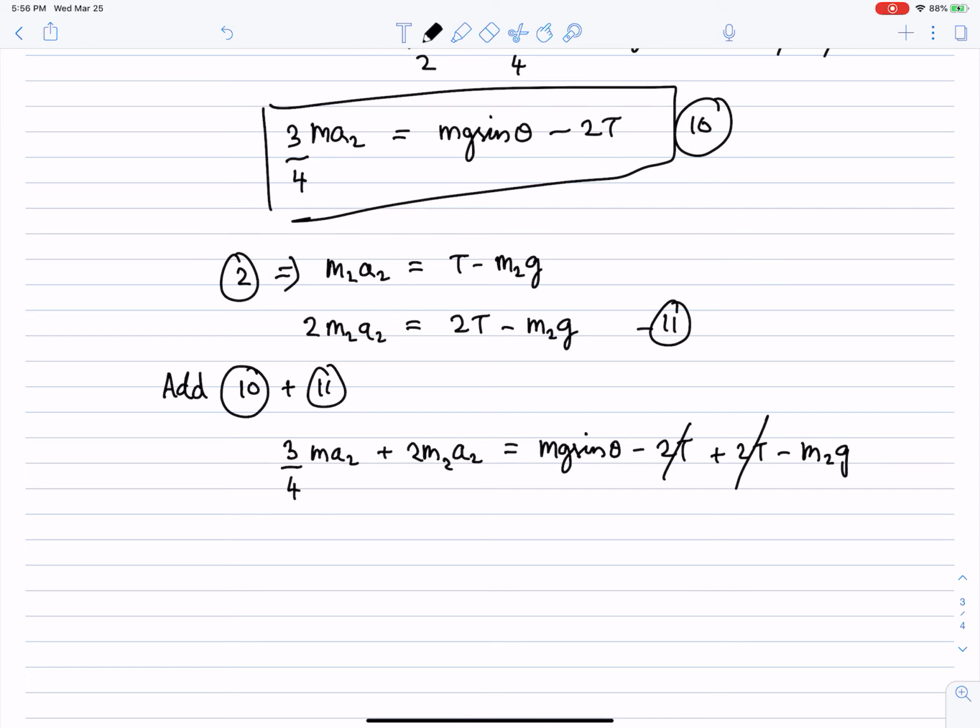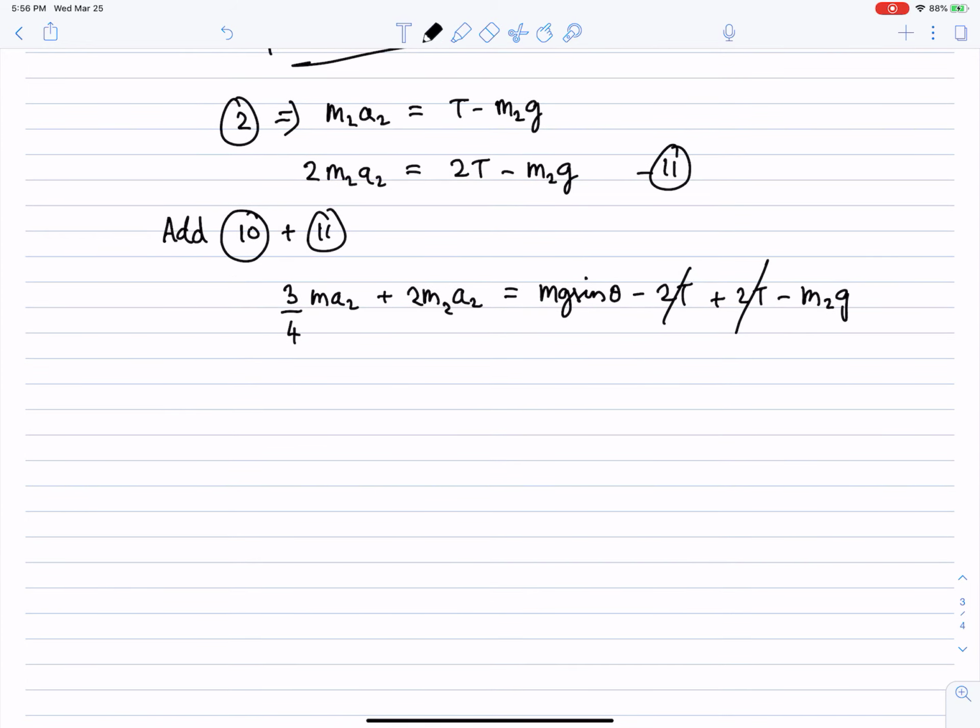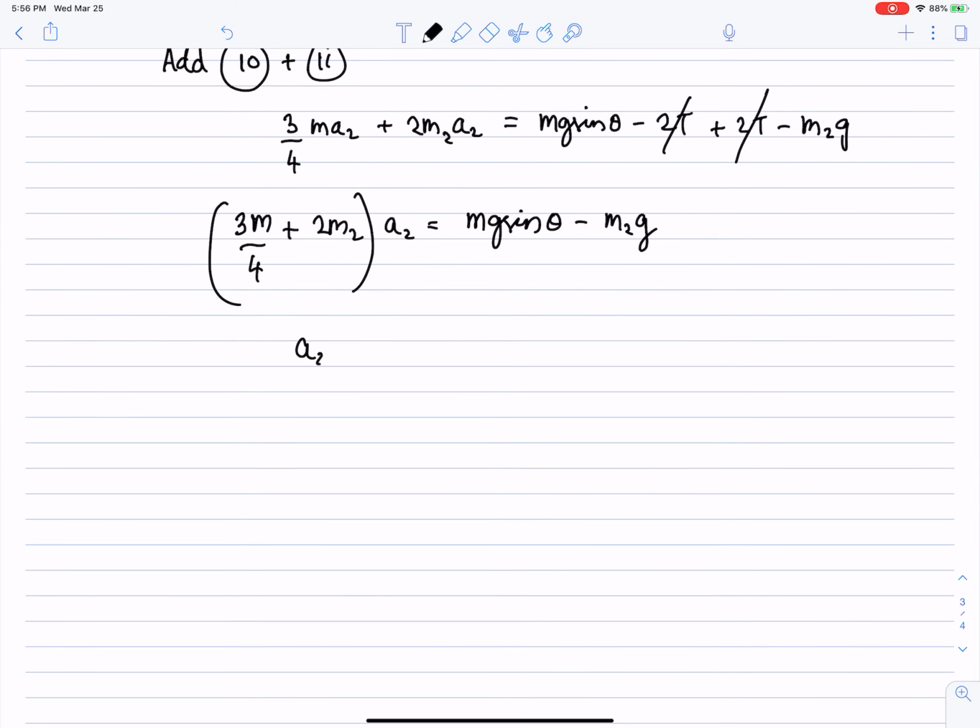These get cancelled. So what do we have? We have 3m by 4 plus 2m2, times a2, equals mg sine theta minus 2m2g, or a2 equals mg sine theta minus 2m2g divided by 3m by 4 plus 2m2.